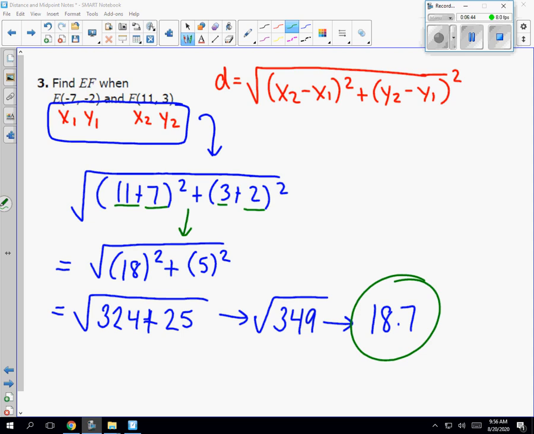Now we need to do our parentheses. So 11 plus 7 is 18, and 3 plus 2 is 5. And now you do your exponents. 18 squared in your calculator is 324, and 5 squared is 25. Then the second button and the x squared button to do your square root. Square root of 349 in your calculator, press enter, and you should get 18.7, and that is your answer for this distance.